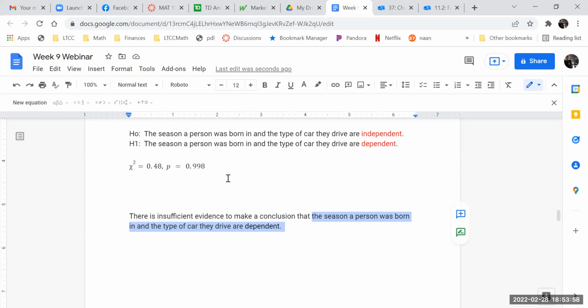If the p-value is small, you say there's statistically significant evidence to make a conclusion that, and then you just type in or paste in your H1. So I want to stop for a moment and make sure that there are no questions. Are there any questions at all about this particular example and a test for independence?